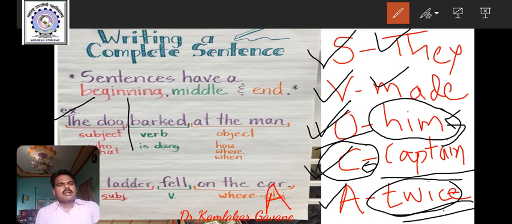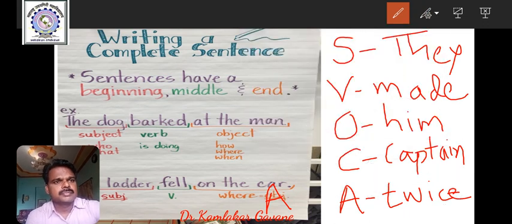So these are the 5 elements of a sentence: subject, verb, object, complement, and adverbial. In summary, subject is the doer of action. It occurs in the beginning of the sentence.